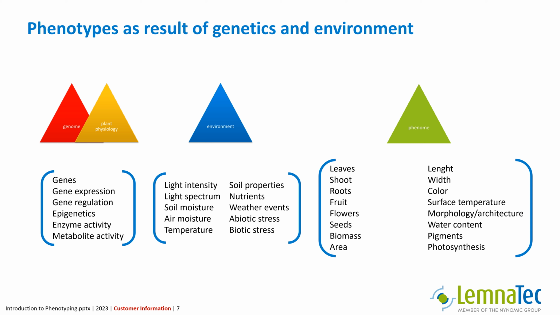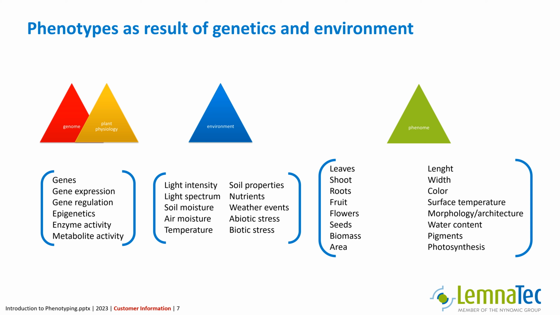It can be considered like an equation where genes, gene expressions, also enzyme activity or metabolic activity interact with environmental factors like light, soil, air, weather conditions, or stress factors to result in phenotypic properties.